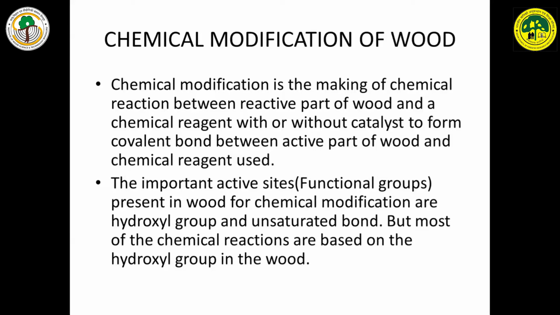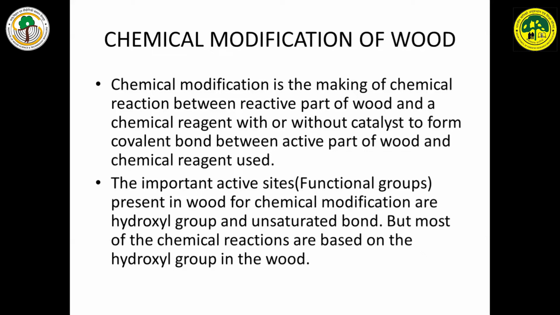So the important active sites of wood are the functional groups. As I said previously, the cellulose, hemicellulose and lignin parts contain hydroxyl groups. The hydroxyl group is the major thing in the case of the chemical modification of the wood, as well as the unsaturation.